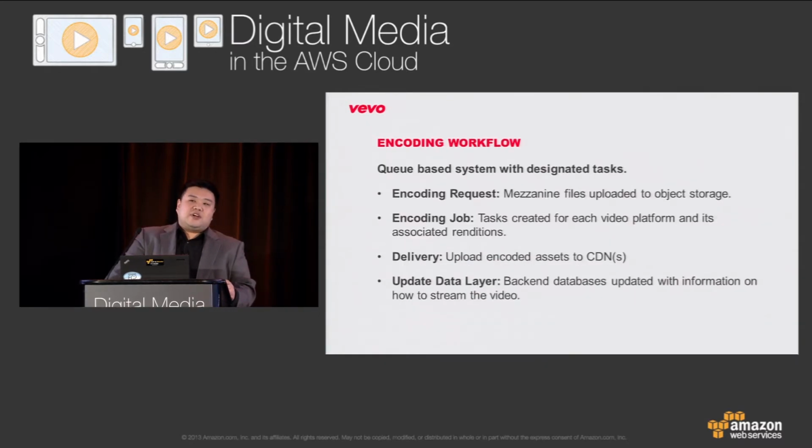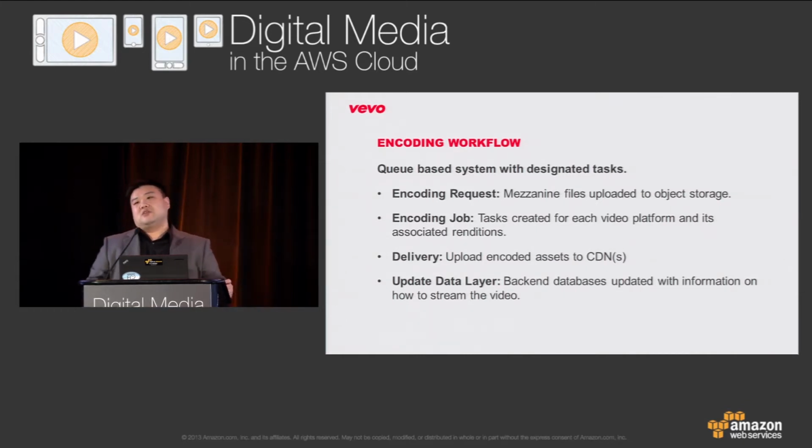I'm going to talk a little bit about our encoding workflow itself. The encoding workflow that we deploy at Vivo is very similar to the elastic transcoding service that was talked about earlier, but we have things set up in a queue-based system where there's a series of tasks. One of the first tasks is a request task. When a content provider or the record label ships us a music video, we ship that off into the cloud, and the next step is the encoding job itself.